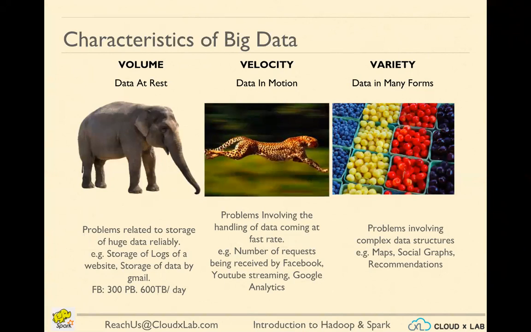The third characteristic of data is variety. Variety means data in many forms. These are problems involving complex data structures such as graphs and maps, and problems involving churning these complex structures are categorized as variety-related problems.